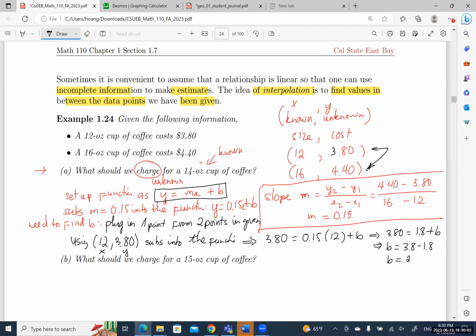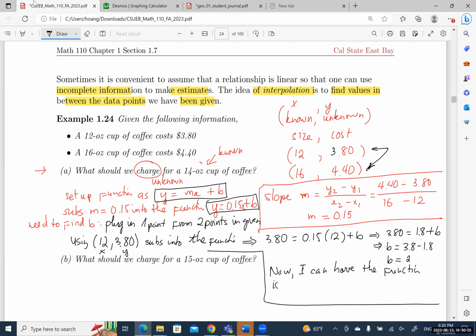Now I can have the function in the form y equals M, which is 0.15x, plus B, which is 2.